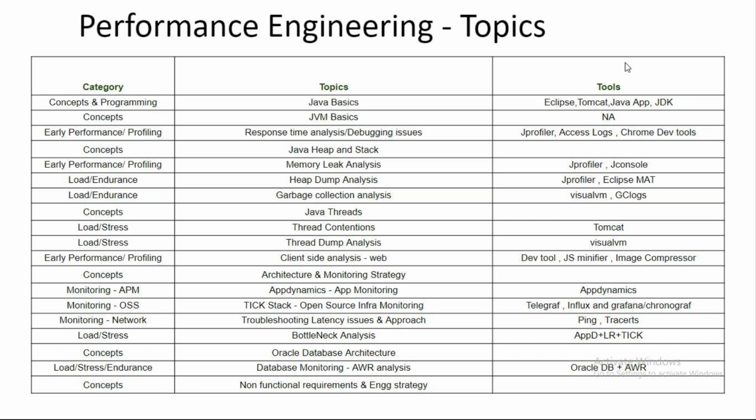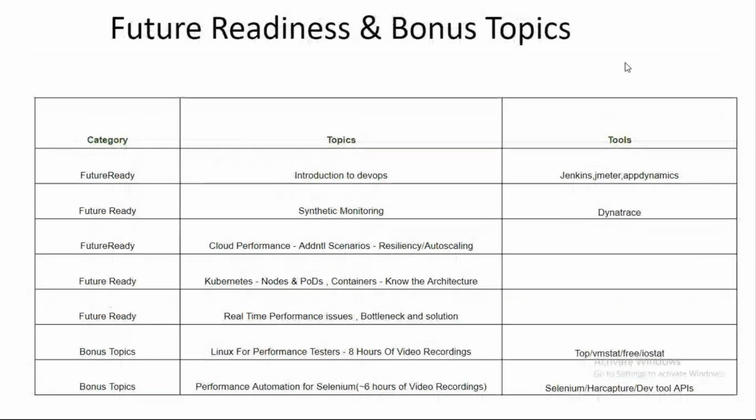It is not just the critical pages. It's a combination of critical pages, frequently used pages, complex pages, volume intensive pages. There are a lot of aspects you should look into from a workload perspective. So non-functional requirements we will also look into from an engineering perspective.